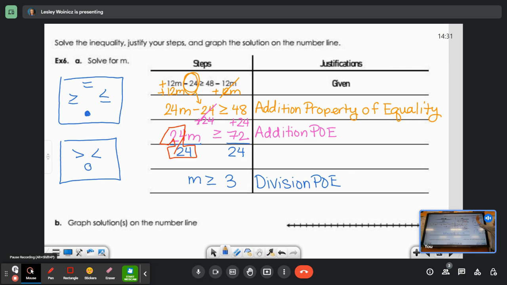Here, I can make this cuter. This one's like this. This one's like this.